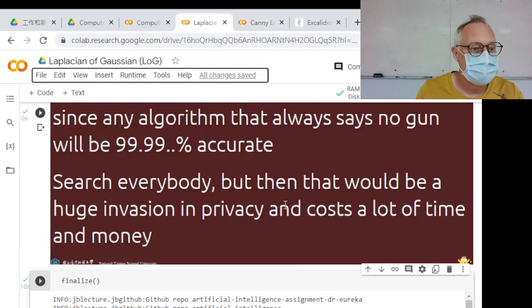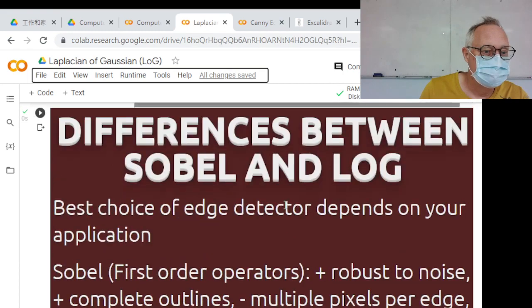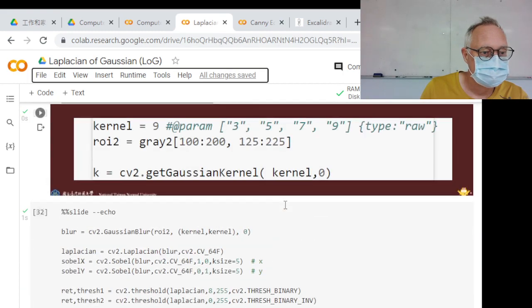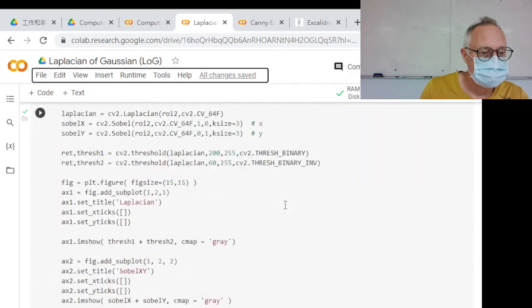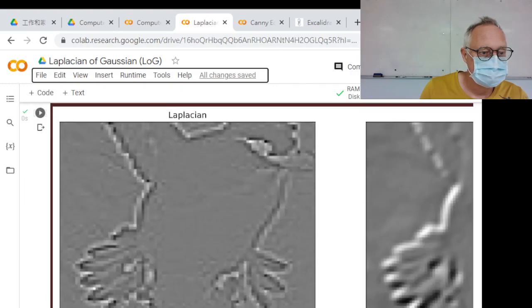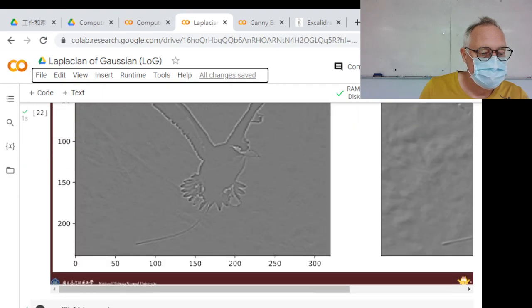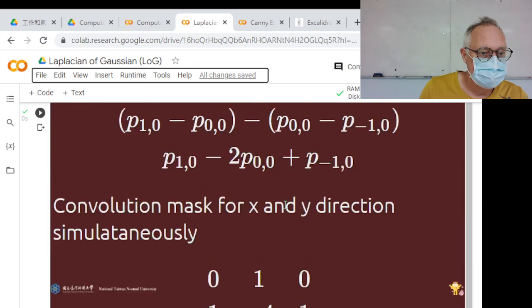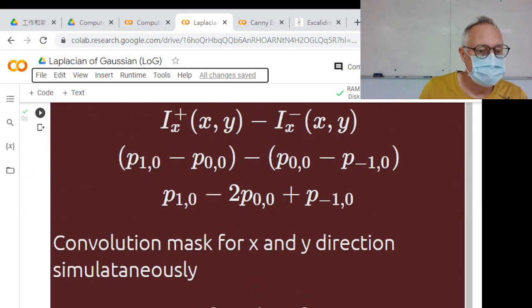Actually, one thing that I forgot to mention is here, for the Laplacian operator, if I only look in vertical and horizontal direction, I would end up with this, right? 1 1 1 minus 4.